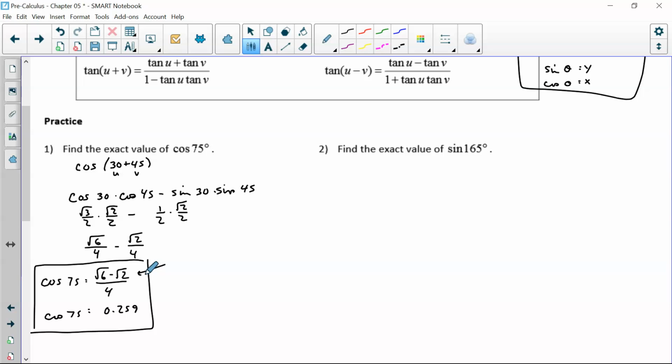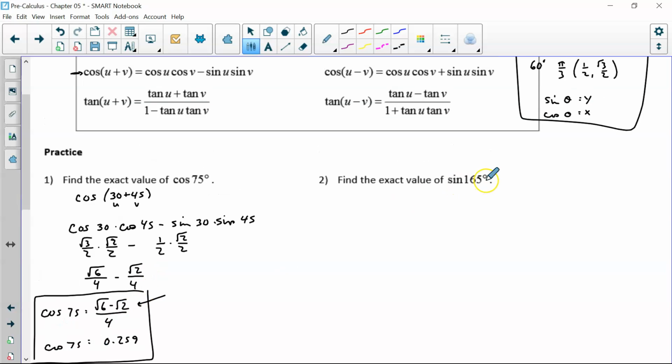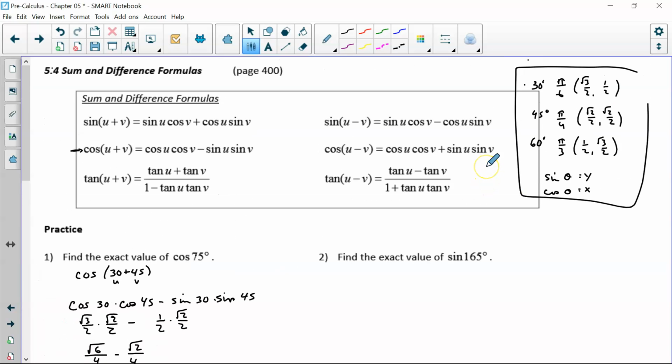Now we're going to look at the exact value of the sine of 165. Now, 165, I want to use either the 30, the 45, or 60, or the multiples of 30, 45, and 60. Now to get 165, that would be the same as the sine of, now the multiples of 45, 45 times 1 is 45, times 2 is 90, times 3 is 135. And then we have the 30 we can work with.